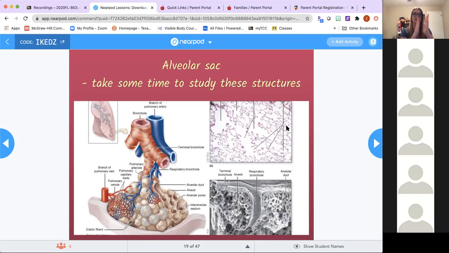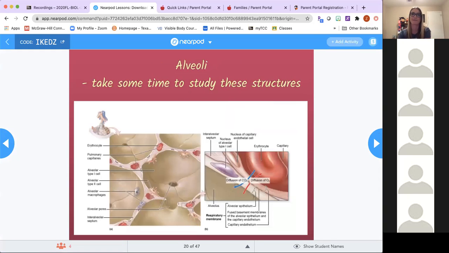So it's like looking at a very thin slice of a sponge. You're not going to see much stuff. You're going to see a lot of space, right? And then the bottom picture shows you the electron microscope picture. So you really see that it's very spongy. Okay, and all those little holes, those are the alveoli.